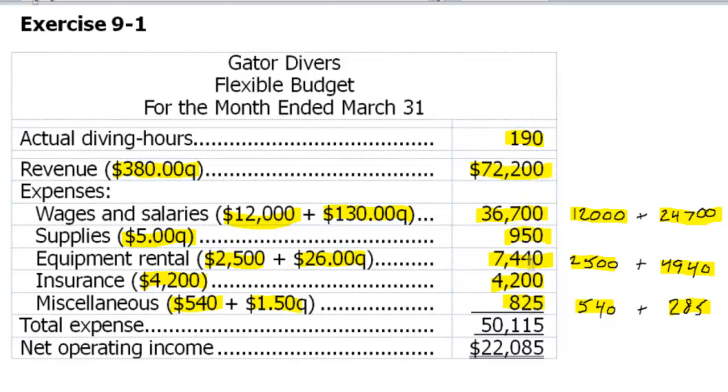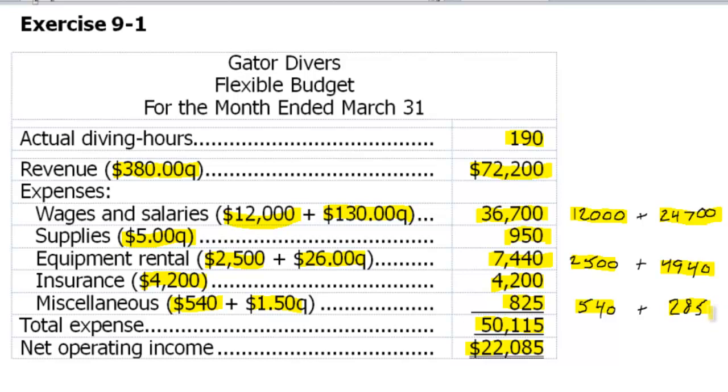Add up your expenses and you get total expense of $50,115. Compare that to your revenue of $72,200, and you have a flexible budget net operating income of $22,085.